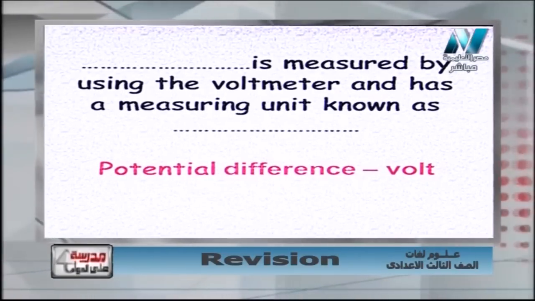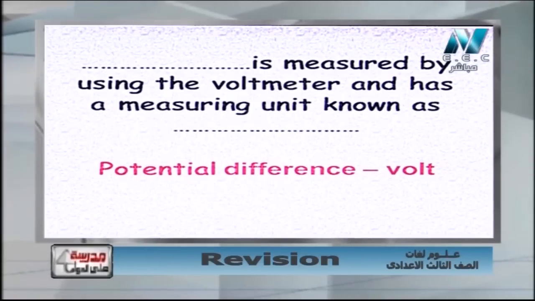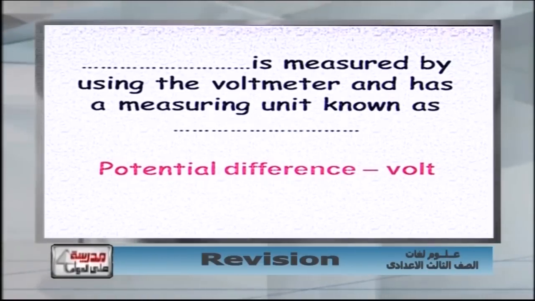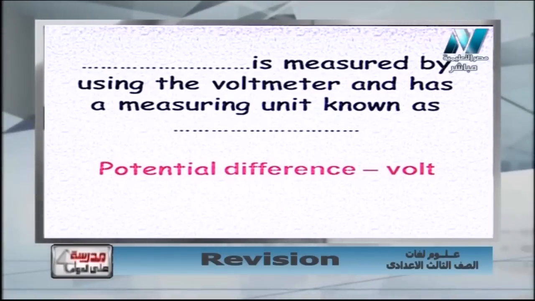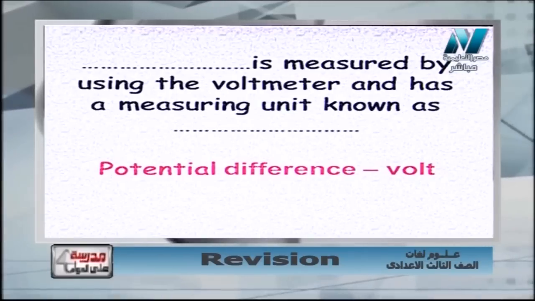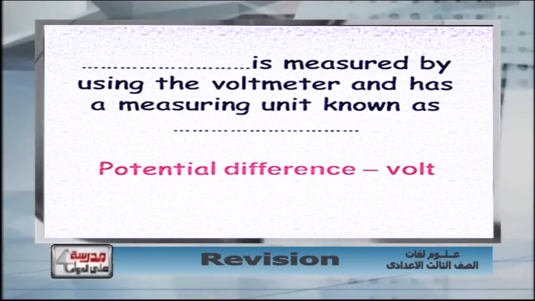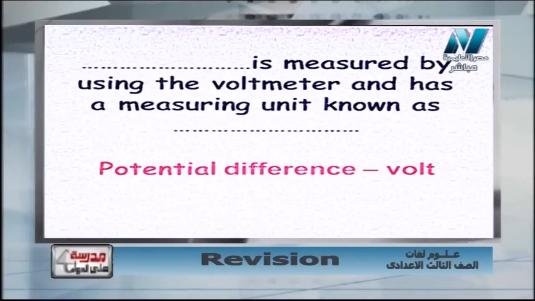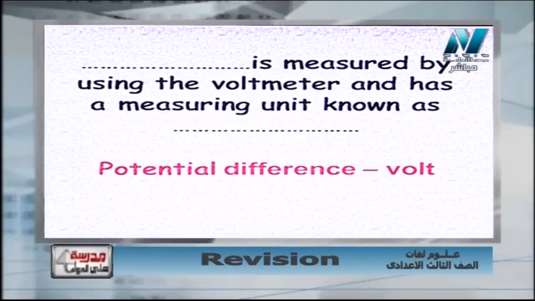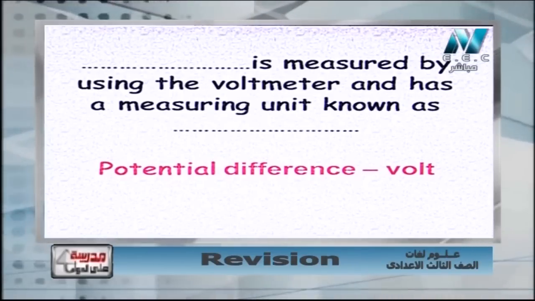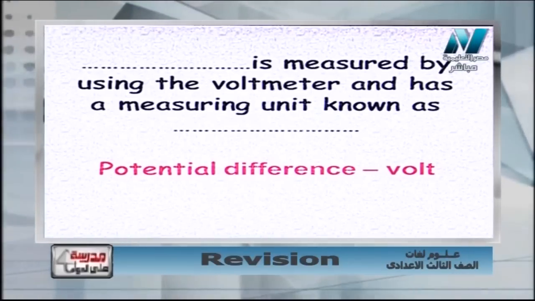Potential difference is measured by using the voltmeter and has a unit of volt. We also use this apparatus to measure another very important thing, the electromotive force (EMF) of dry cells or batteries. So the voltmeter measures two things: potential difference and EMF.